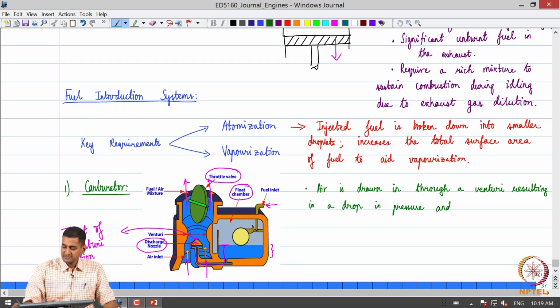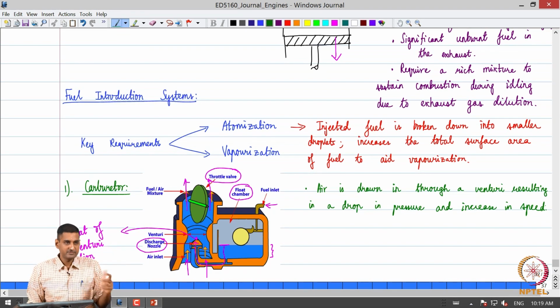Okay, so that is what happens. So the fuel particles come out of the discharge nozzle and mix with air. Okay, so that is what happens.